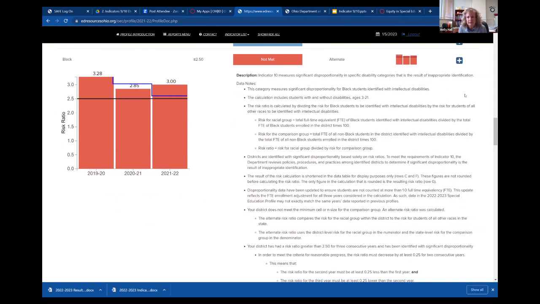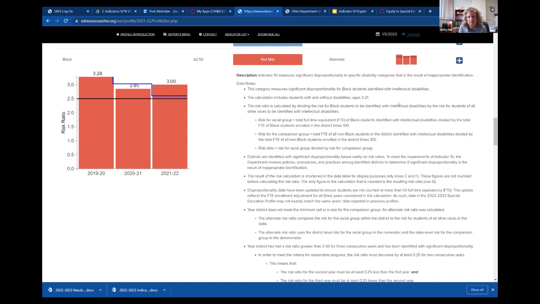But as you look at the profile, it gives you those data notes in terms of what we're looking at for the specific measurement, and how they label it here is really thinking about that over-identification in this particular category of intellectual disabilities.